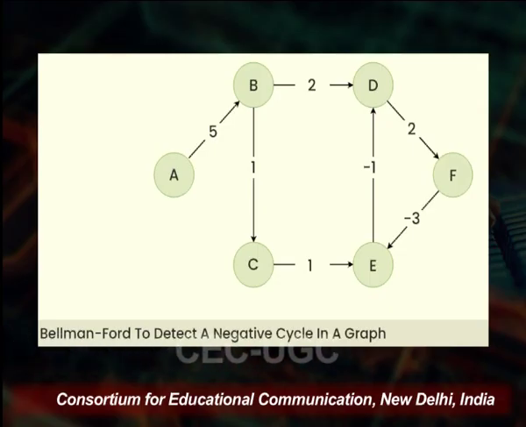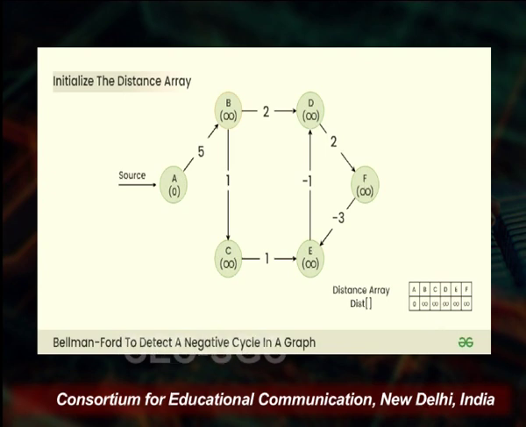efficient enough to detect a negative cycle in a graph with the steps which we have just seen. Let us see them. We need to initialize the distance array first, and we are taking A as the source. Now, please observe the distance array.